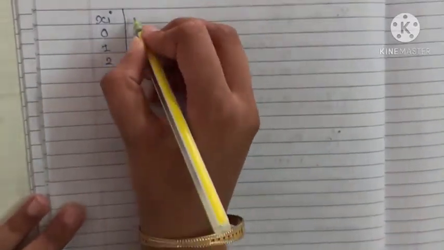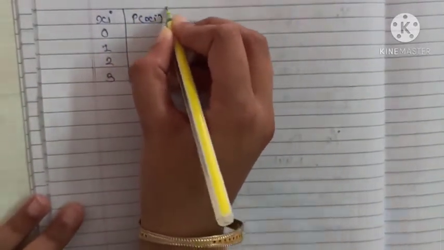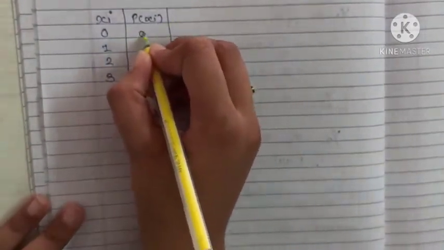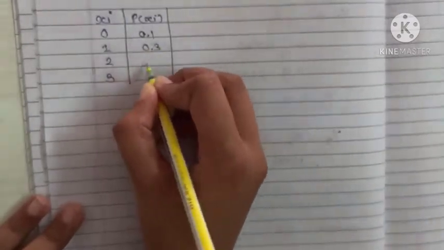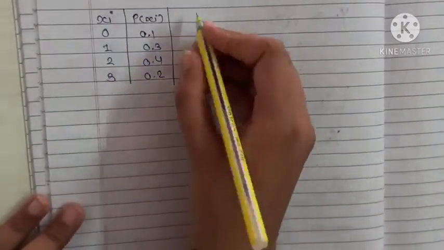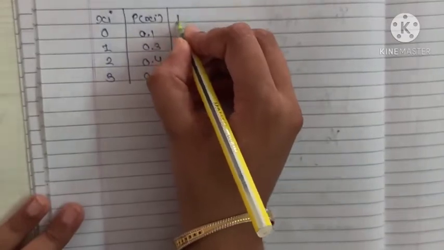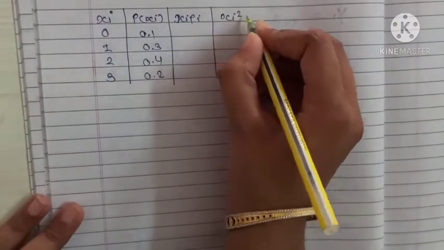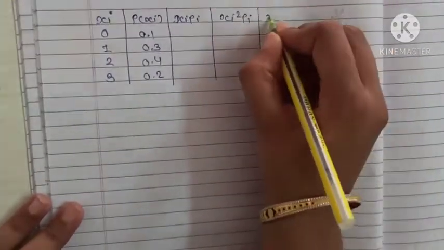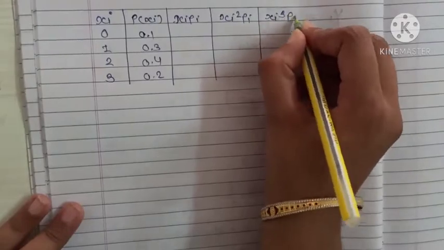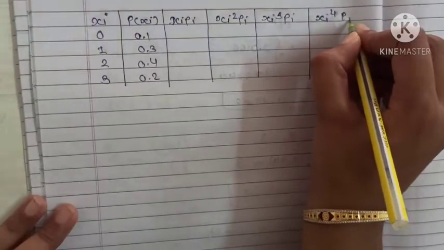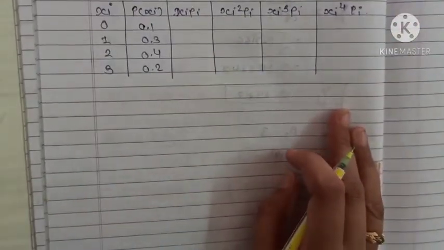Then P(xi) is given 0.1, 0.3, 0.4, 0.2, and we have to find xi into pi, then xi square into pi, then xi cube into pi, then xi power of 4 into pi, to find the central moments.